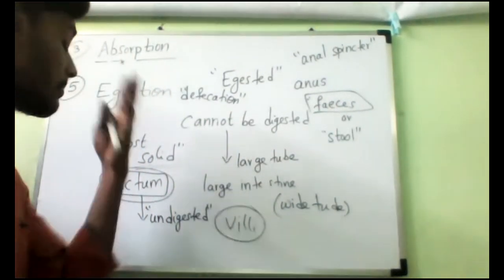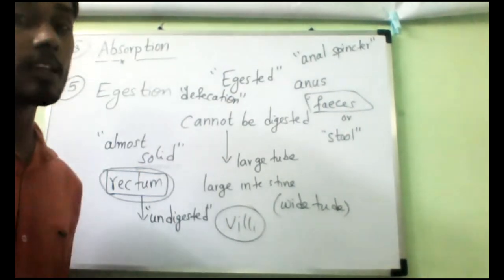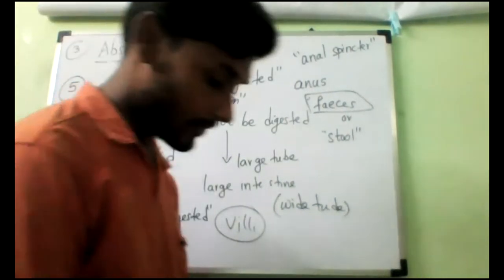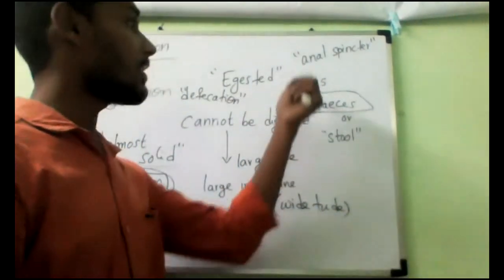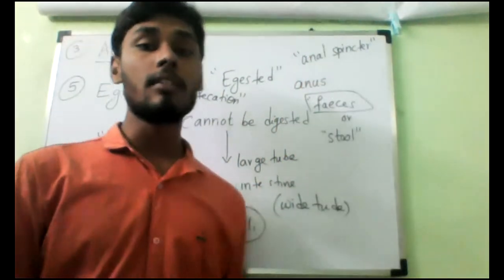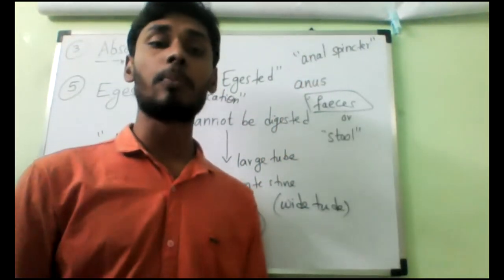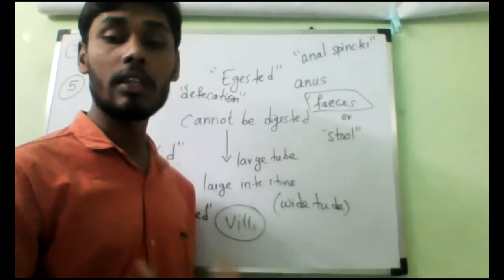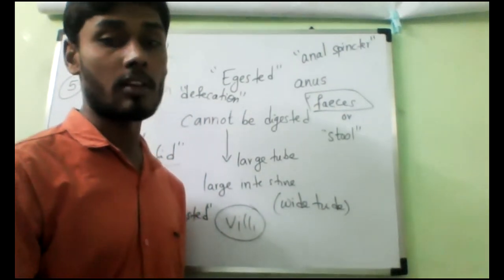I hope you understand from mouth to the anus very clearly, and we have learned so many words also here. Feces or stool is controlled by the anal sphincter. Everything is important. If you want to score full marks, we should know each and every part perfectly.